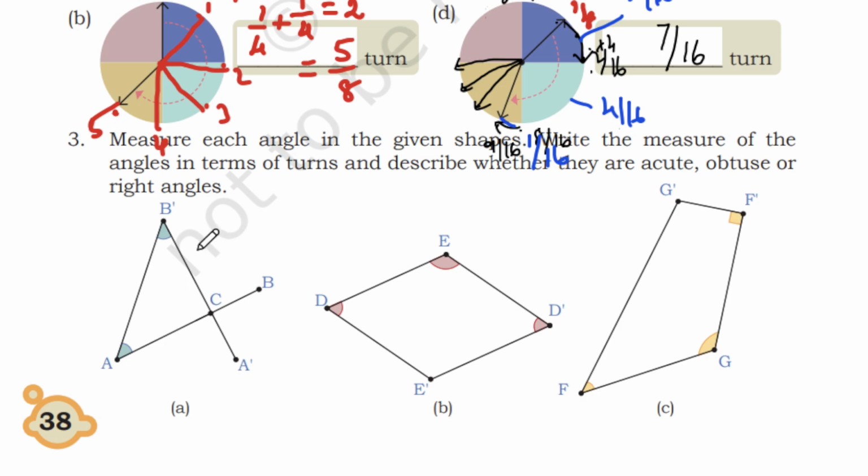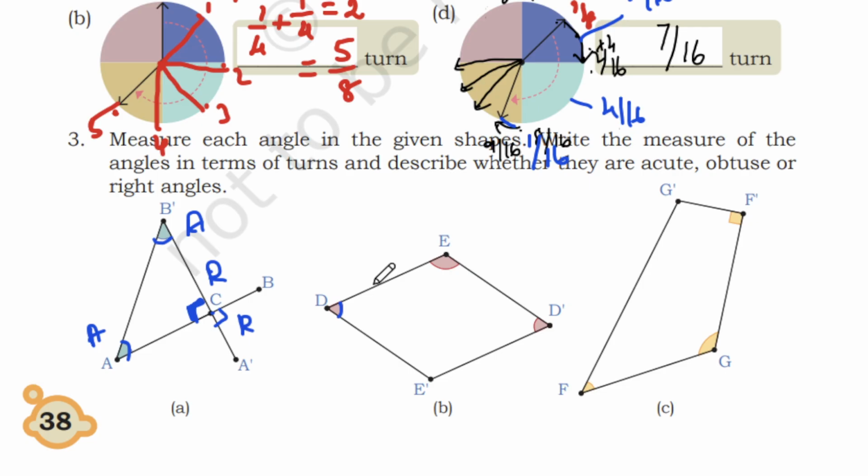Okay, so here we have acute angles. So these are acute angles, and this one we have a straight angle. I'm sorry, straight line. Always I'm telling straight angle, straight line. So this is a right angle, and here we have one more right angle.